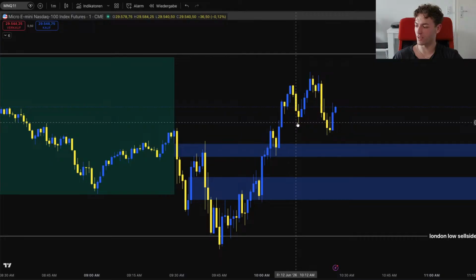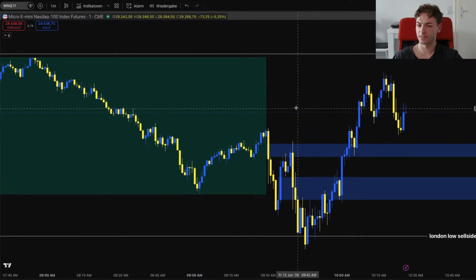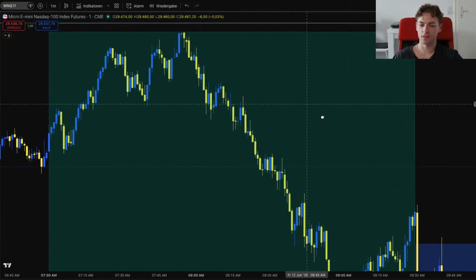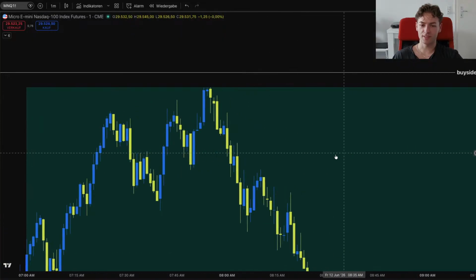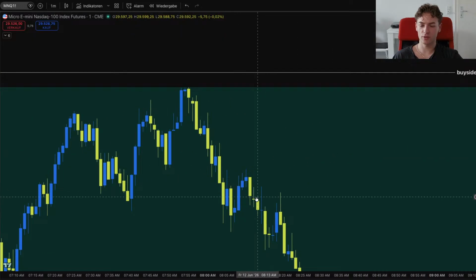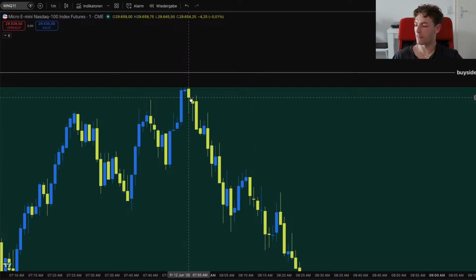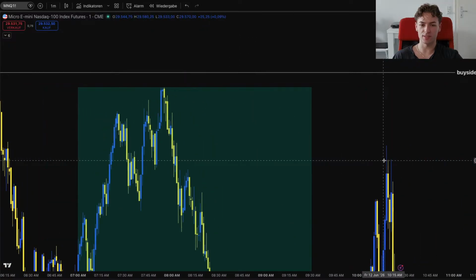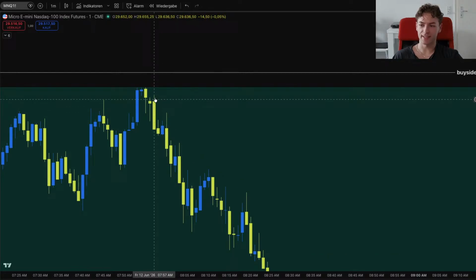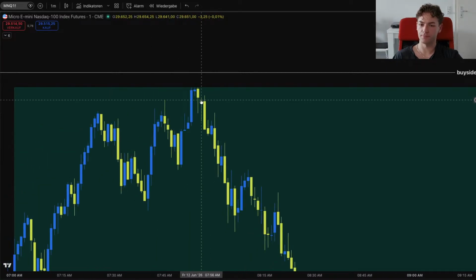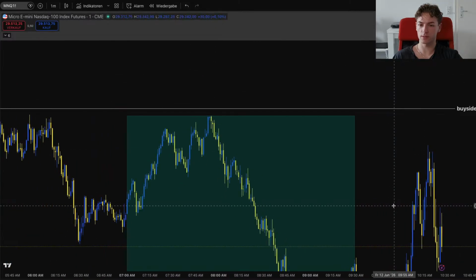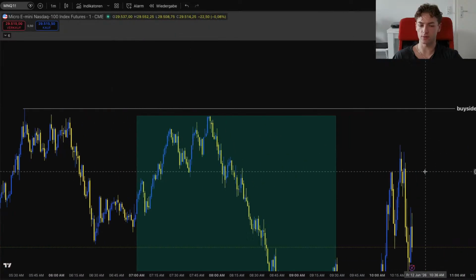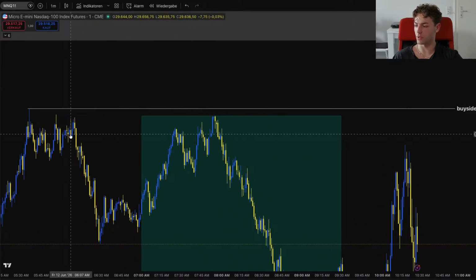See this 755 and 756. Bro, it's a tiny one. It's also a volume imbalance. I don't give too much significance to these small little 1 minute volume imbalances. Of course, we have these pre-market highs, so that's a huge draw for me.